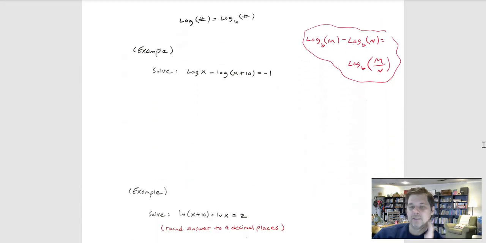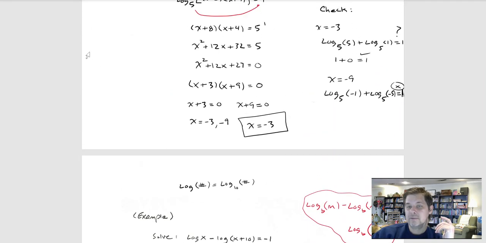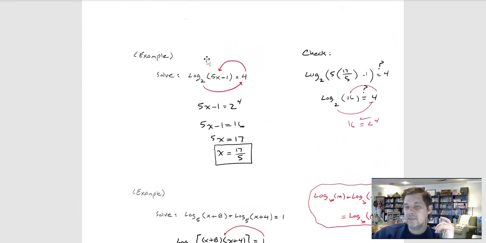All right, so let's see. That would make this log base 10 of x over x plus 10, wouldn't it? Yeah, I mean, this number divided by that one. Subtraction and division. Okay, so now we're in a situation like this.